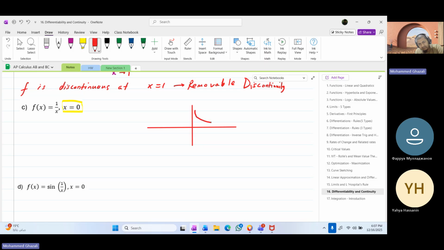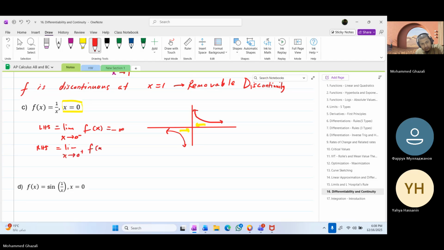Infinite discontinuity, right? The function is that. Wait, let me sketch the graph properly. Right, so limit as x approaches 0. We say left-hand side, limit as x approaches 0 from the left of f of x is negative infinity. From the right it is positive infinity, all right?